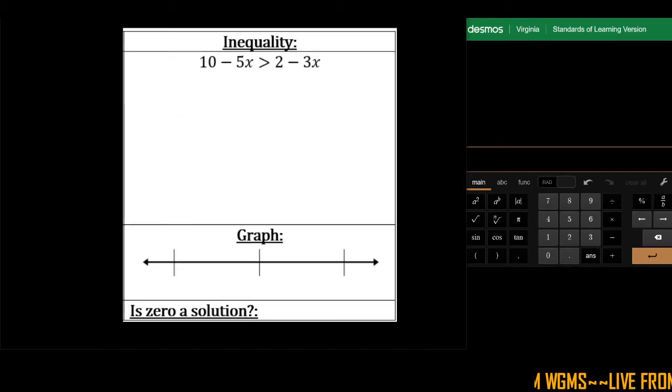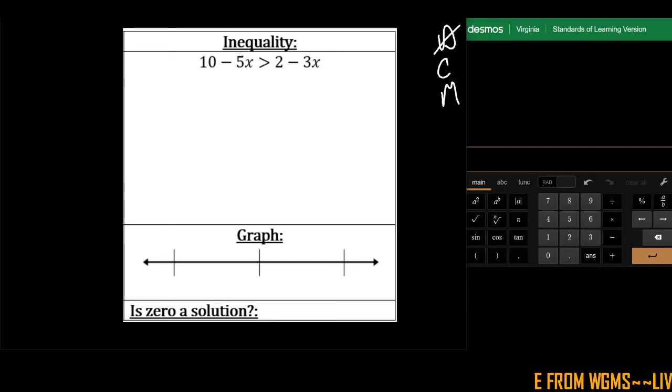So now on the back, it has the inequality like this. And so if you notice, it has variables on both sides. Is there any distributive property? There's no parentheses. So now we need to combine like terms and then manipulate the variable.